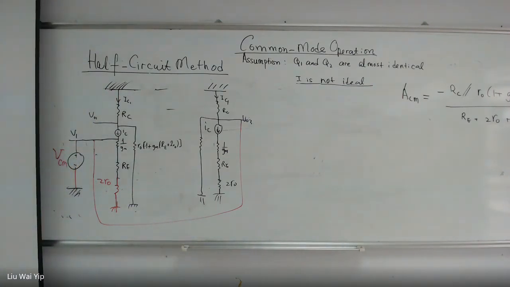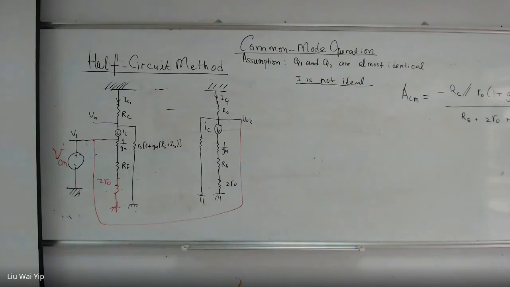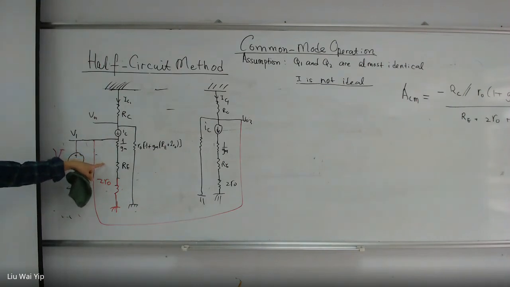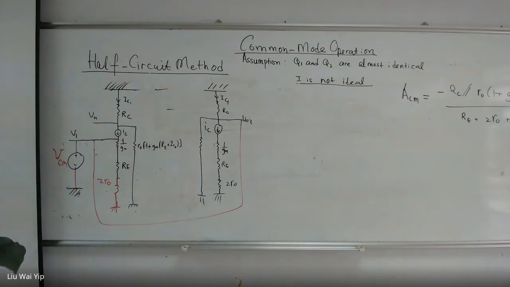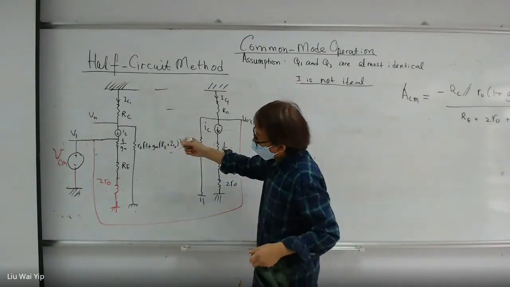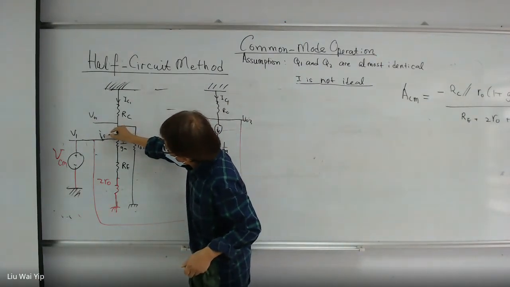So the next question that I have is, what is the input resistance for common mode operation? Can you tell me the resistance for this half? I can do it. You have the current going in, like this.